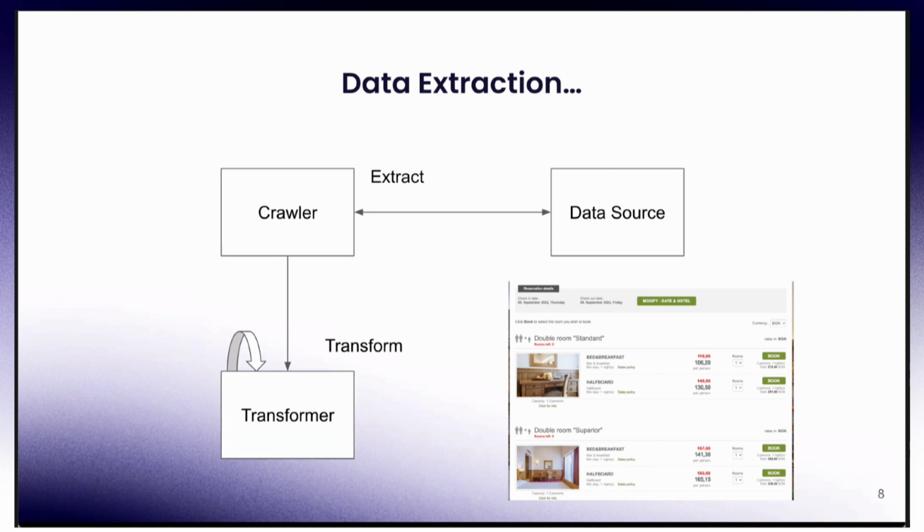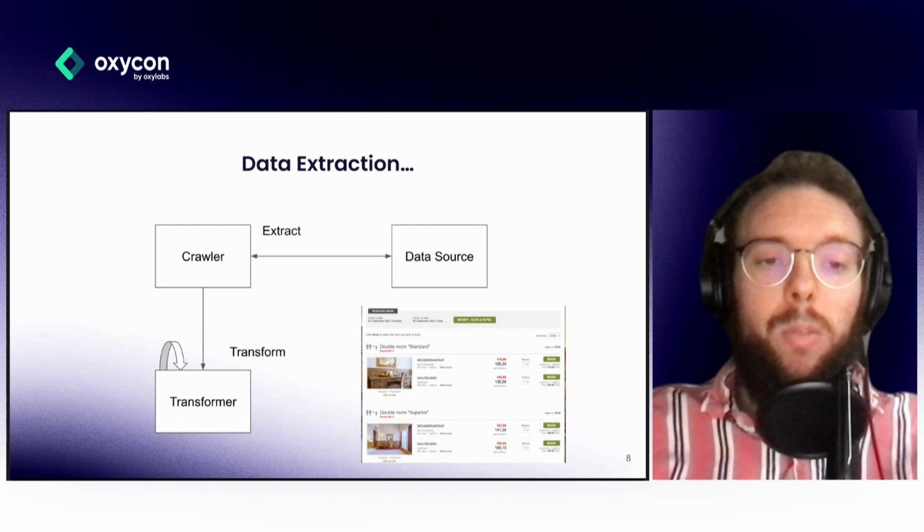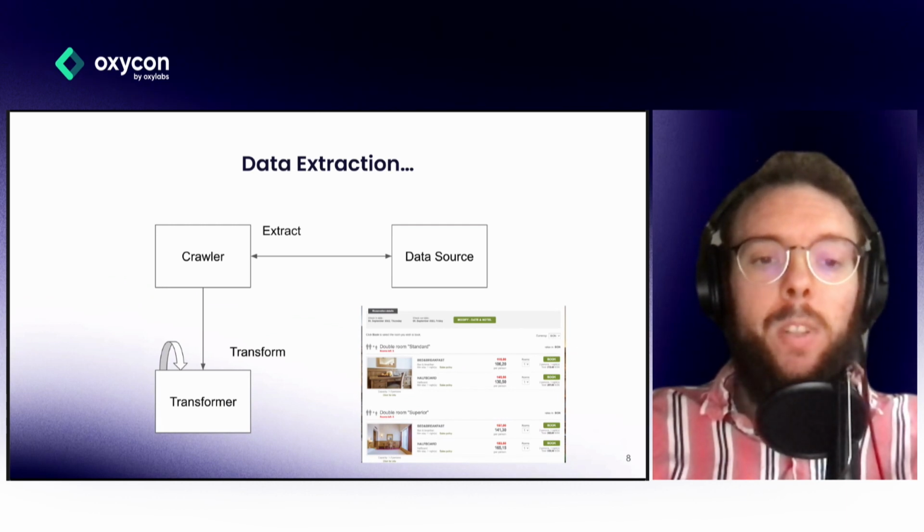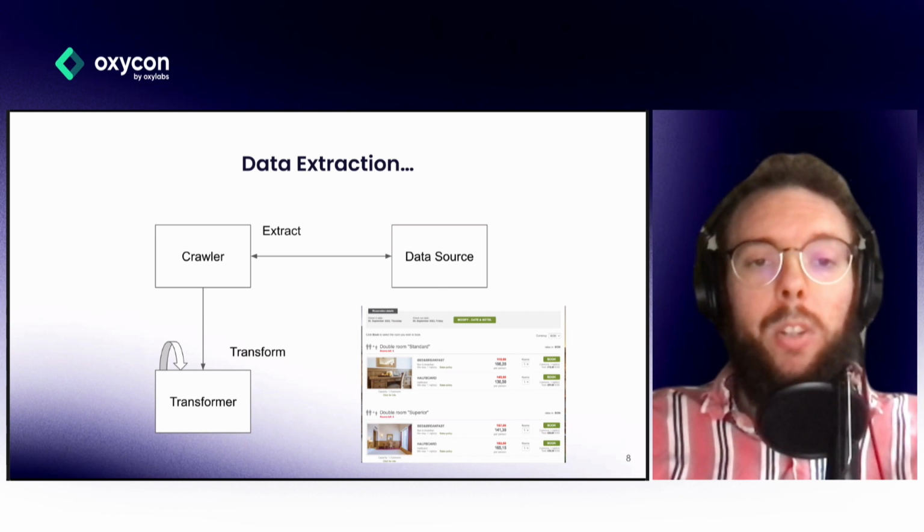So, since the beginning, we split up the transformer stage from the crawler stage. This gives the advantage that the crawler can stay as simple as possible and focus on what it does best, extracting the properties of the data sources we care about.